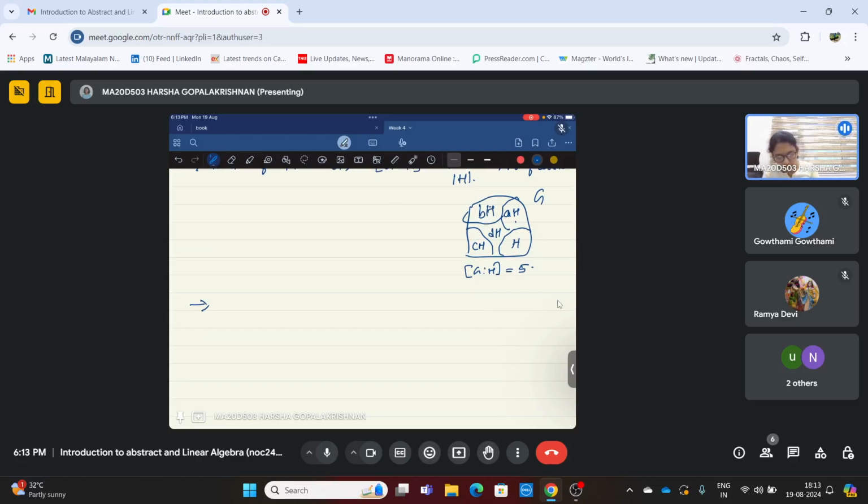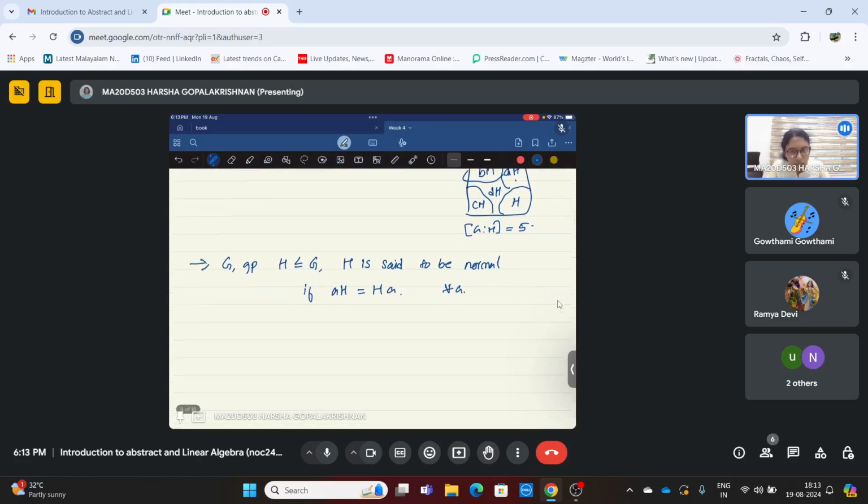Now we will see what a normal subgroup is. If G is a group and H is a subgroup of G, then H is said to be a normal subgroup of G if aH and Ha are the same. That means we are considering the left coset and right coset: a particular left coset aH is the same as Ha for every a.